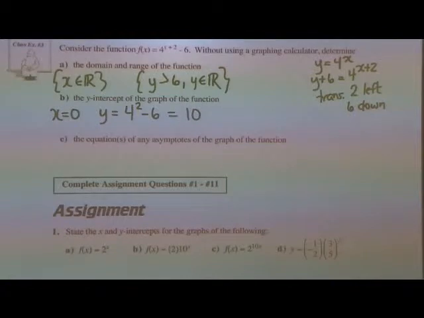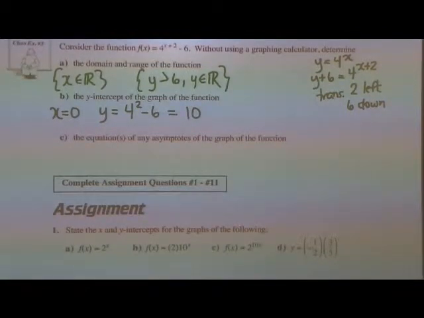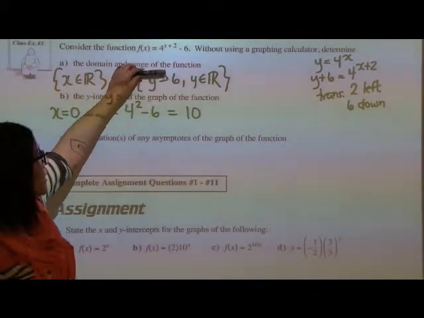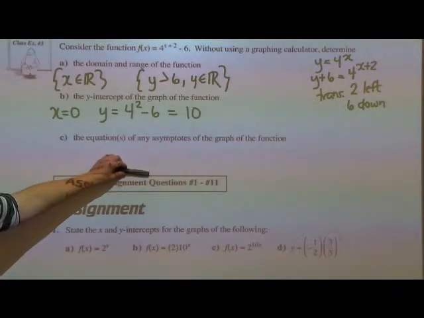So C says, what is the equation of any asymptotes of the graph of the function? Well, the only asymptote in an exponential function is a horizontal asymptote. And so with my horizontal asymptote, in my regular function, it's the x-axis. But again, remember, I shifted this thing 6 units down.